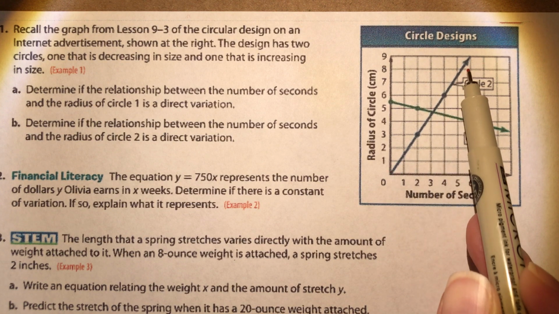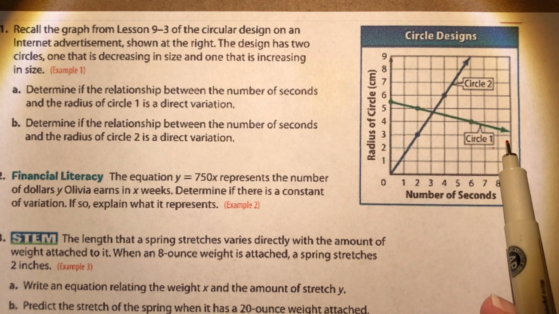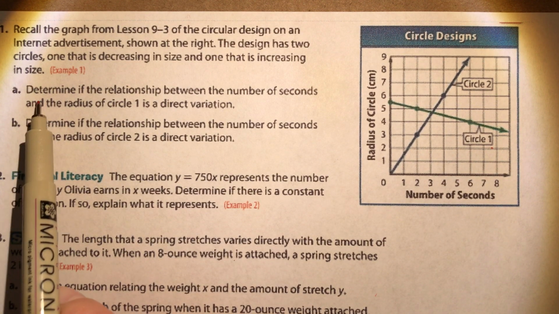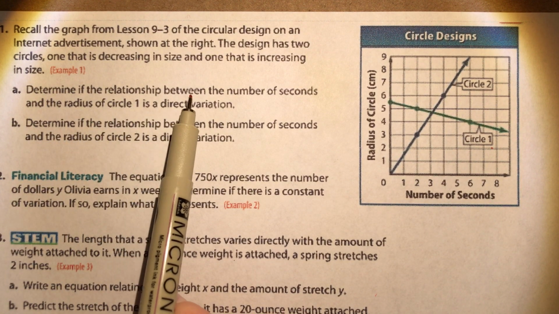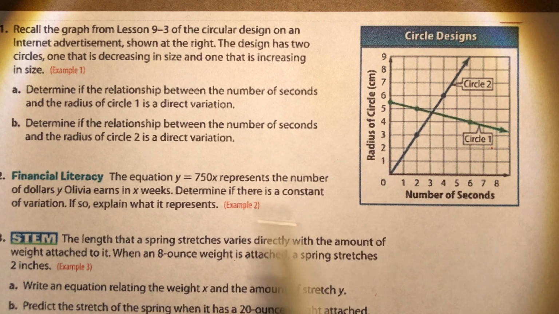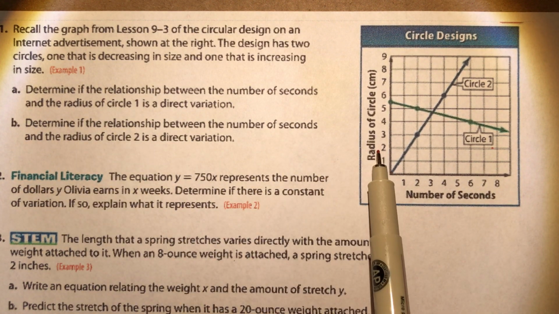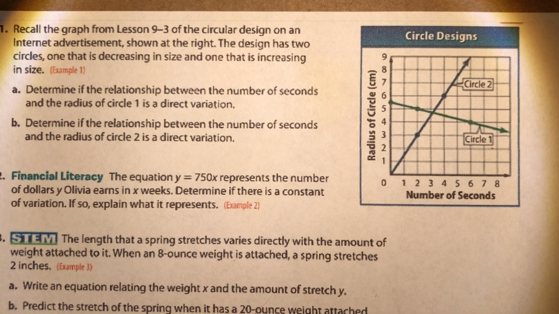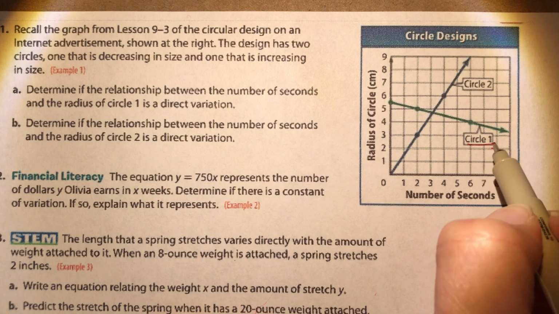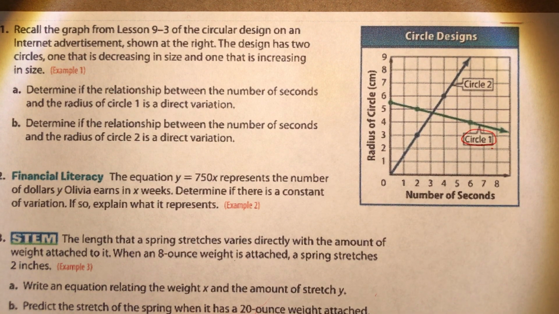It says, for number 1, determine if the relationship between the number of seconds, so here's the seconds, and the radius, so here's your radius, has direct variation for circle 1. So I'm going to circle 1 here so you know which one I'm talking about.